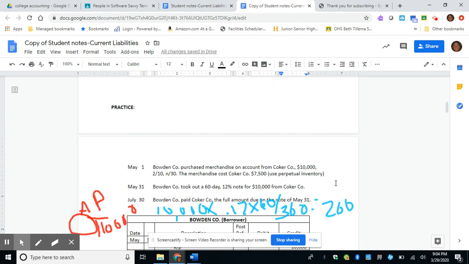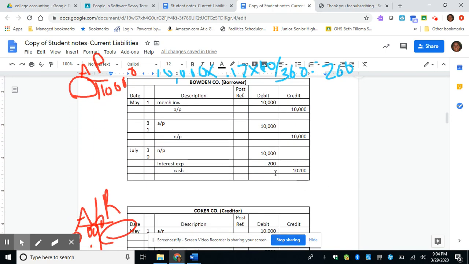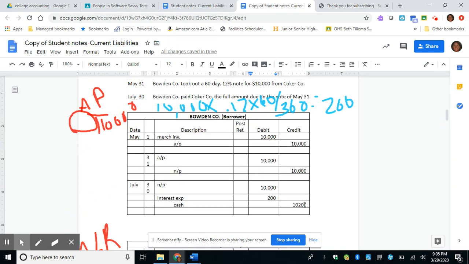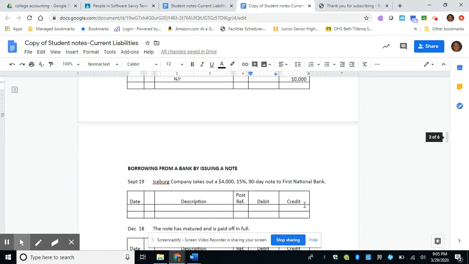And we know that the amount of interest we made is $200 right here. So since this is extra money that we made, we are going to call this interest revenue. And you guys know an interest revenue is always going to be a credit. So we've got interest revenue for 200, and so the amount of cash we're going to collect is 10,200. So that's kind of in a nutshell how this all looks.